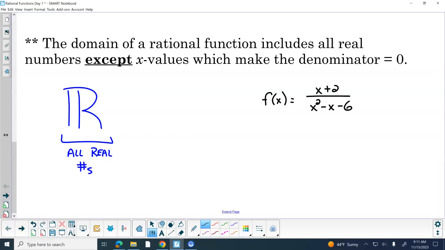So what you would have to do then is you would have to look at the denominator and set it equal to 0 and solve it.